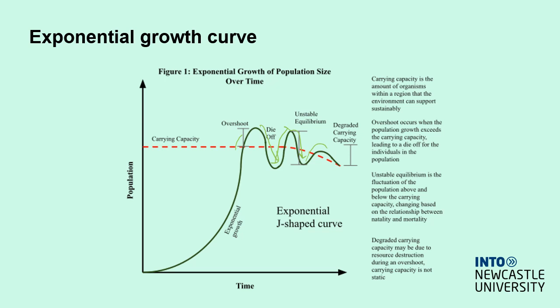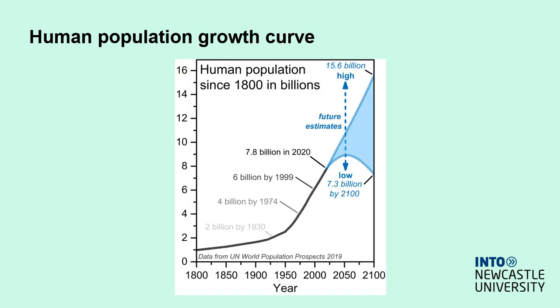It's interesting if we look at human population and the numbers of humans on the planet. So here we have the number of people on the planet. In 2020, there were 7.8 billion people on the planet. We're in this J curve, and we are looking at what can happen in the future.